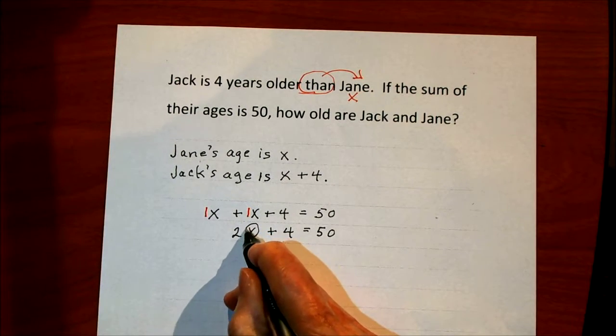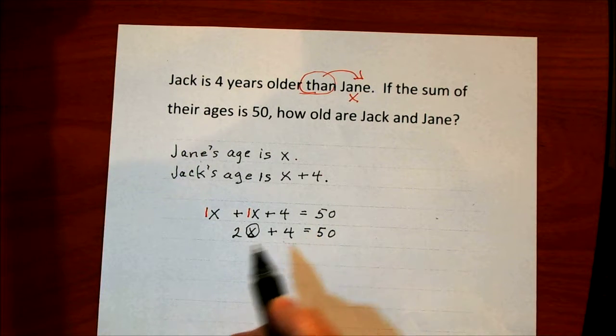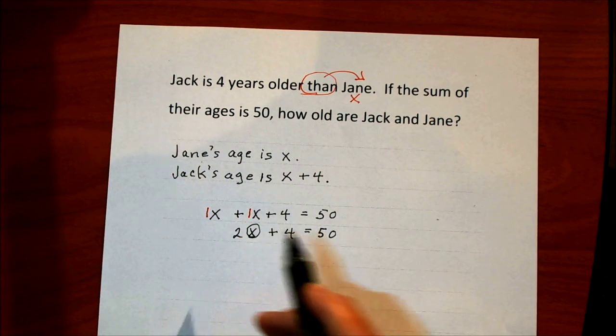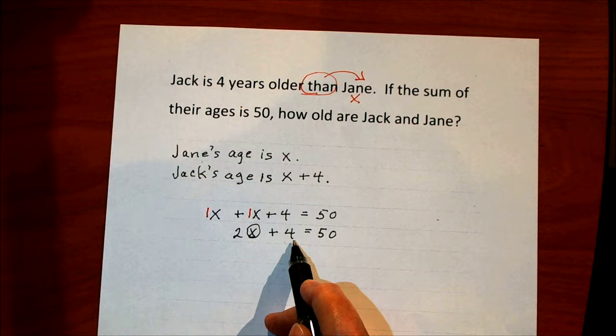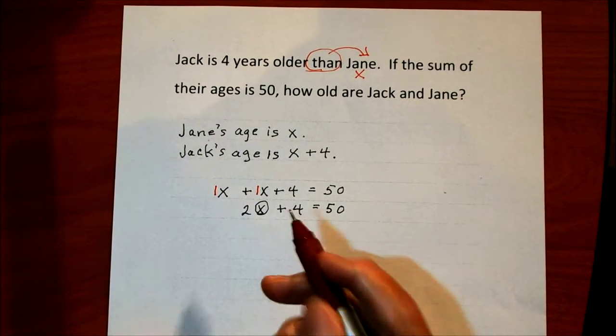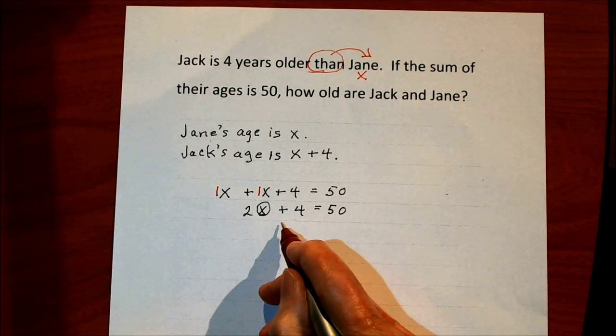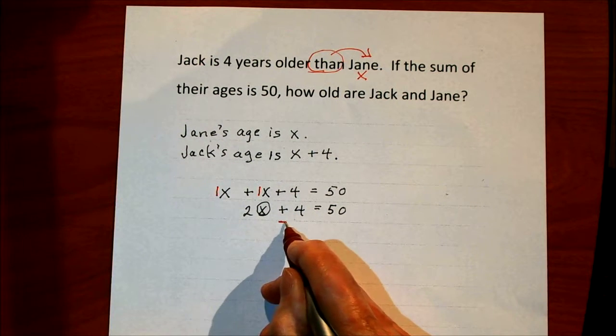So we have to get rid of the 2, and we have to get rid of the 4. And it makes a difference which one we do first. We always get rid of first the one being added or subtracted from the x. The opposite of positive 4 is negative 4. That's going to zero it out.